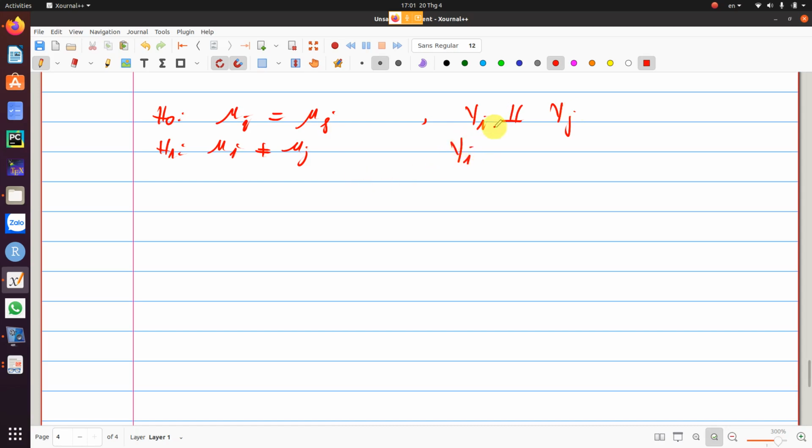Moreover, any observations yi and yj belonging to different treatments are assumed to be normally distributed, with mean mu i and variance sigma square, and yj also follows a normal distribution with mean mu j and sigma square. Can you recognize it? It's similar to the idea of comparing 2 means, because here it's reduced to the question of comparing 2 means, under the assumption that the populations follow normal distributions and the 2 populations are independent.